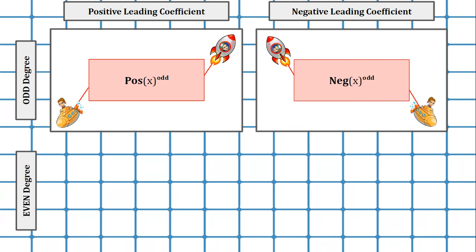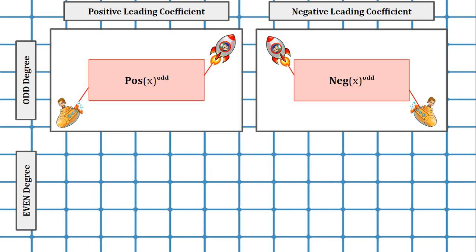Anything can happen in the middle, but on the left side, as x approaches negative infinity, f of x goes to infinity. On the right side, as x approaches infinity, f of x approaches negative infinity. So notice anytime there's an odd degree, that is, the largest exponent is odd, we have our end behaviors going in opposite directions. Which directions those go in depends on the leading coefficient being positive or negative.